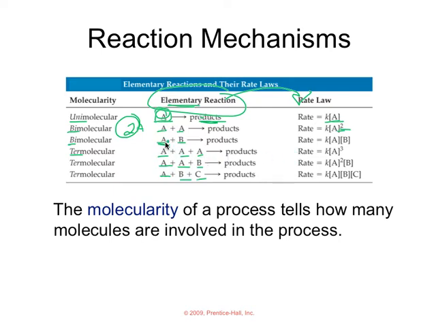Okay, so A plus B, rate law is k times the concentration of A times the concentration of B. We can do this because these are elementary steps. Prior to this reaction mechanism discussion, we had to have experimental data. Now if you're told that it's an elementary process or reaction, you can write the rate law straight from the equation.